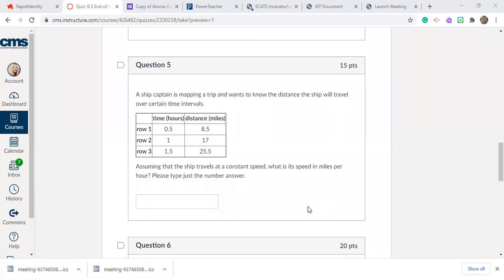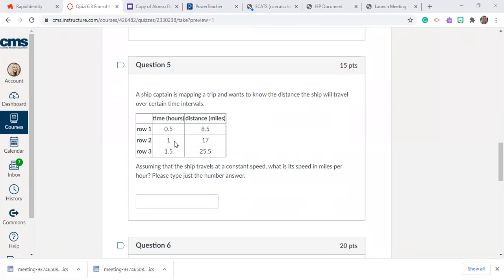Question number 5. A ship captain is mapping a trip and wants to know the distance the ship will travel over certain time intervals. We have the time in hours in this column, and then we have the distance in miles in the column on the right. So in half an hour, they will travel 8.5 miles.